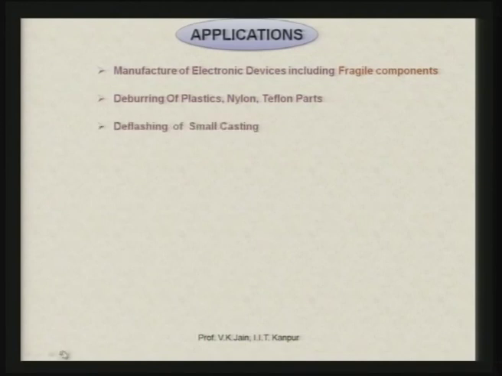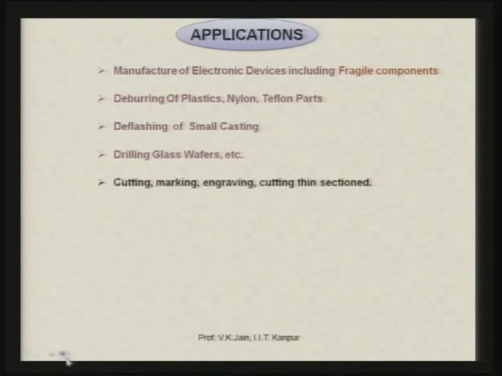Deflashing of small castings: the excess material which is not useful after you obtain the casting can be deflashed or cut with the help of the AJM process. Drilling of glass wafers etc. can be done, cutting, marking, engraving, cutting thin sections. This is the application where AJM is widely used.